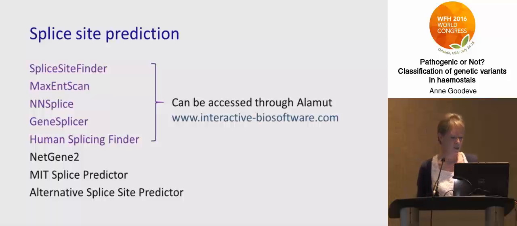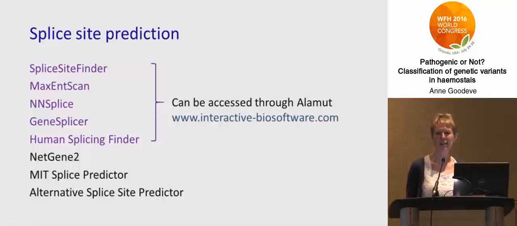For splice site prediction, there's again a number of tools that can be used to help predict possible effect on splice sites. In the UK, commonly, several of the labs use Alamut as our tool of choice for helping to predict pathogenicity, which has just become really expensive.